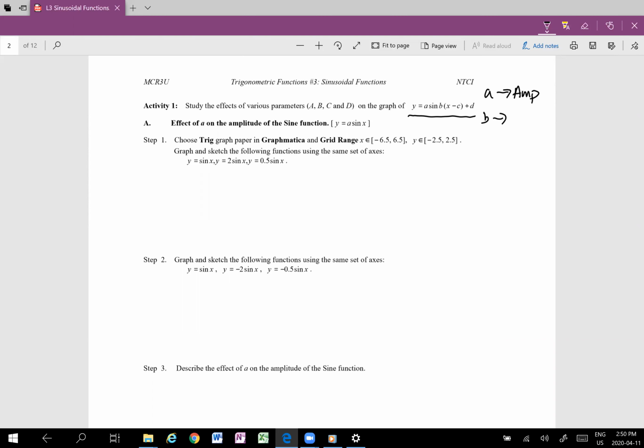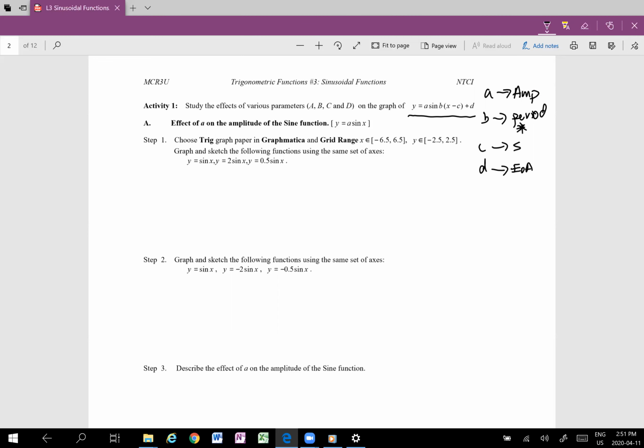B relates to the period, although we have to use a formula, so I'll put a star here. The C is related to the phase shift, and the D is related to the equation of the axis, or the midline.